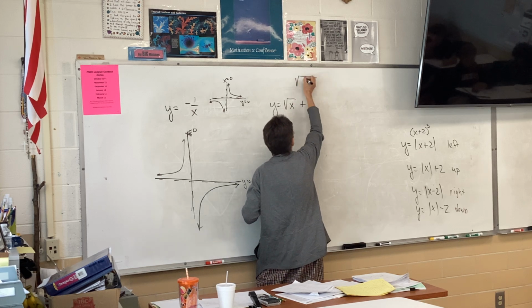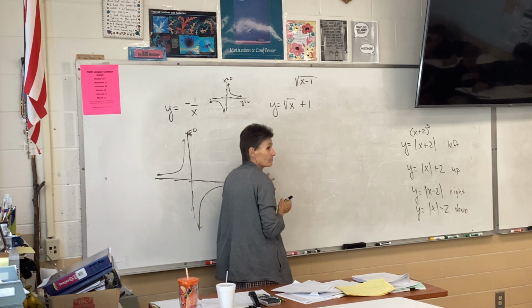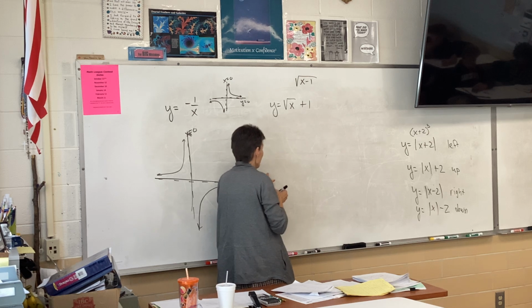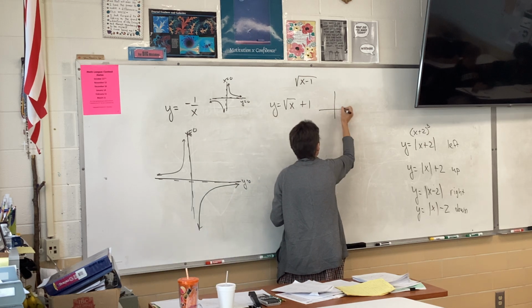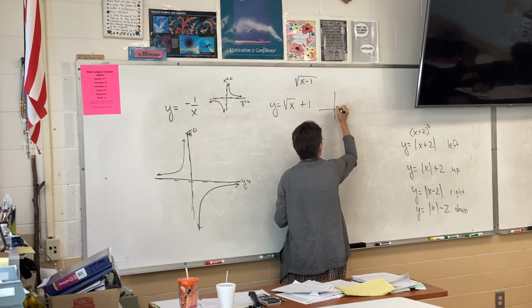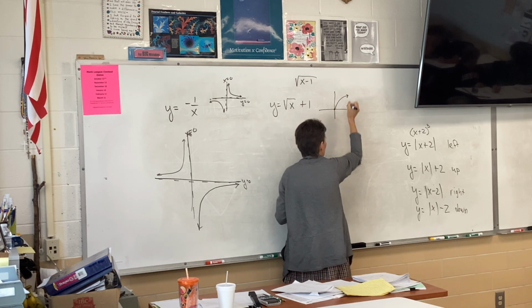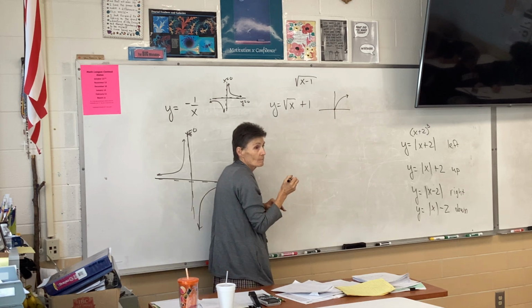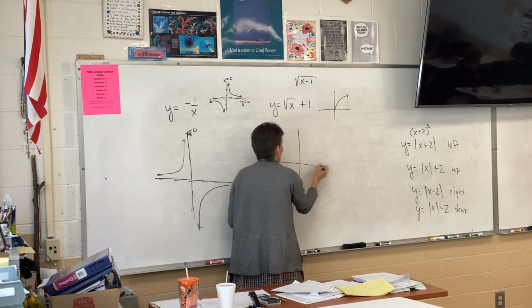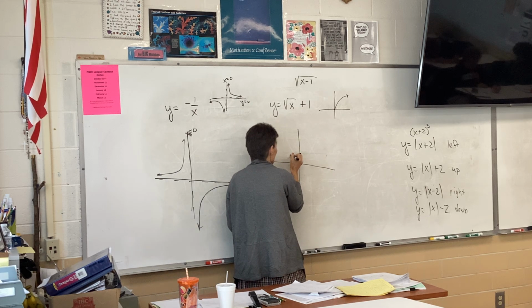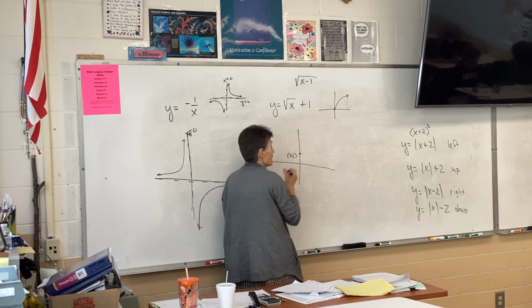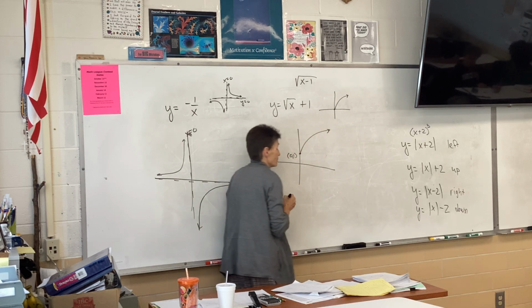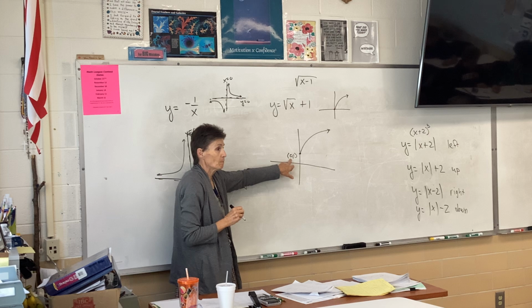A move right one would look like this. Up one. It's going up one. The normal one starts at the origin and goes up and out. So this one is going to start here at the point 0, 1 and go up and out. Make sure you label that point.